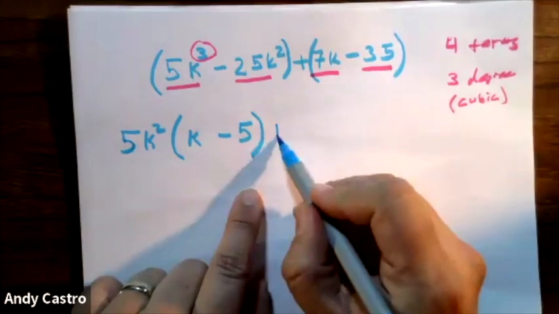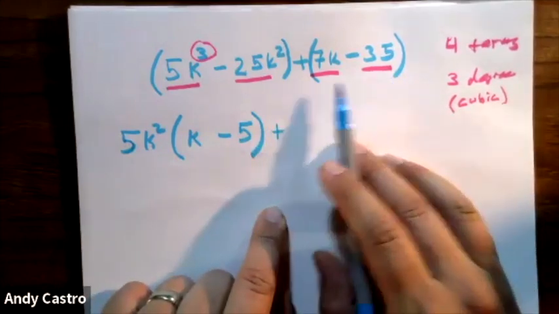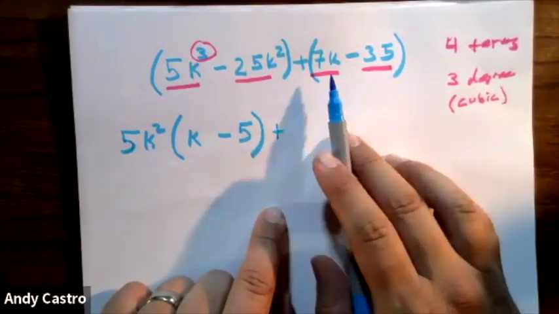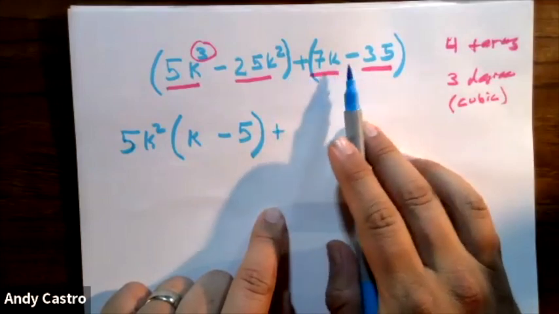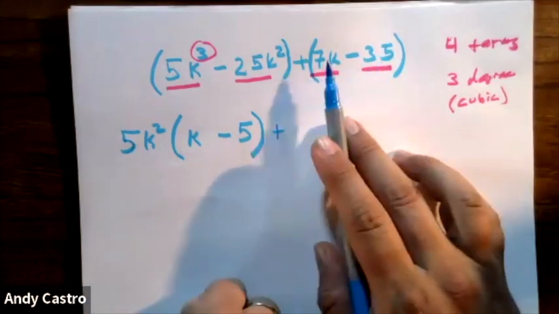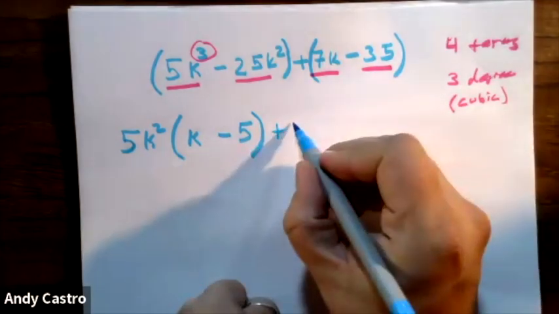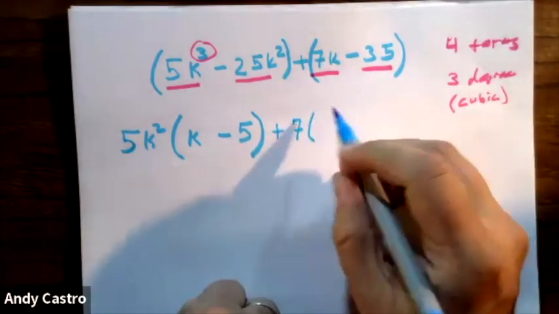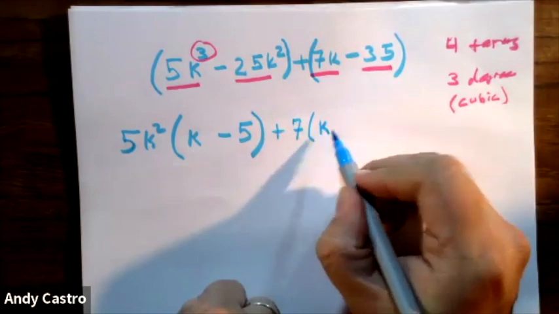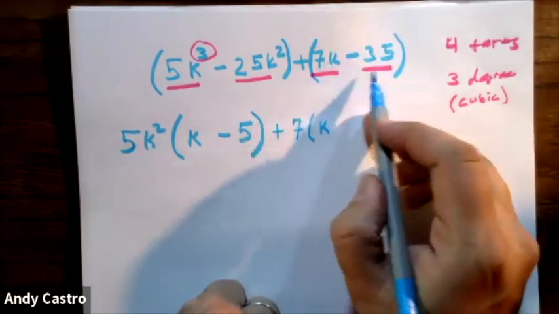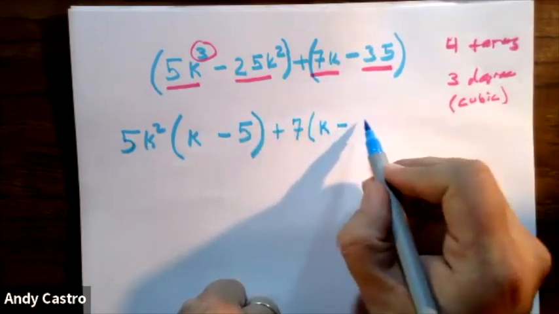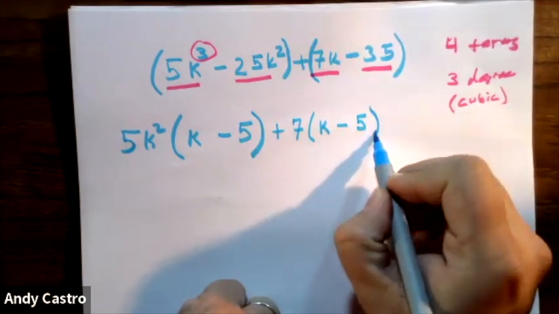Now plus. Now I've grouped these other two here as well. And is there anything I could take out of the 7k minus 35? Well, there is. I can take out a 7. So if I remove the 7, here I'm left with a k. And if I remove a 7 out of the negative 35, I'm left with a negative 5.